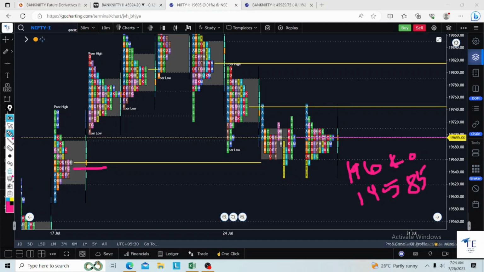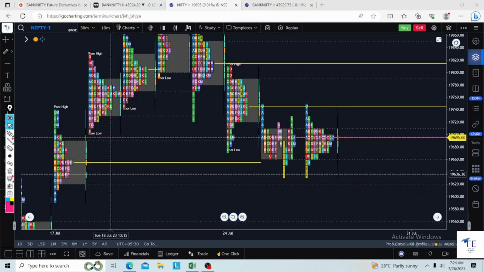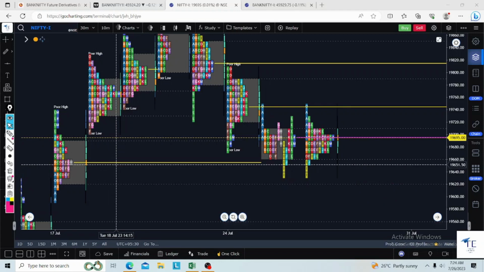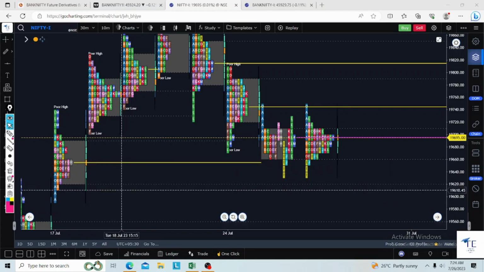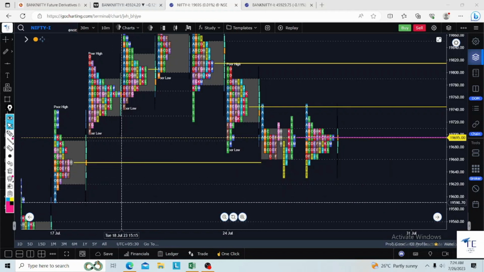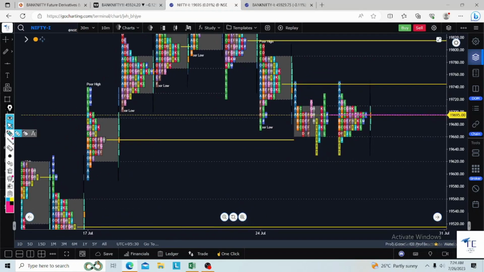That means there are two demand zones on the downside: first 640 and second 585.